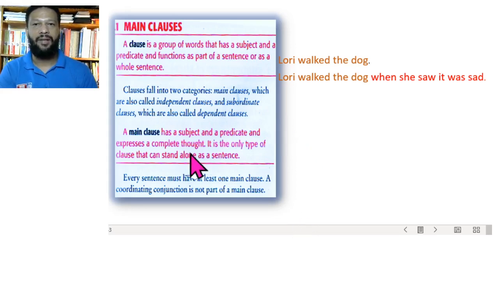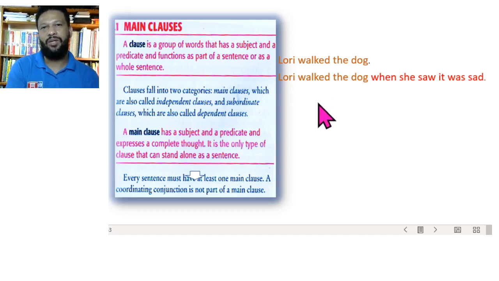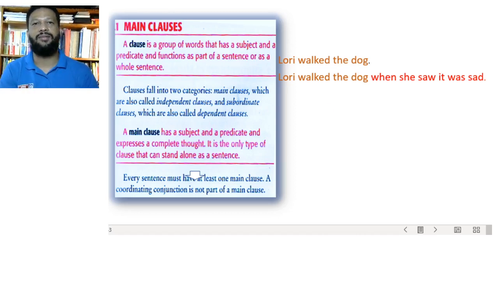A main clause has a subject and a predicate and expresses a complete thought. It is the only type of clause that can stand alone as a sentence. So one other difference between a sentence and a clause is that the clause does not always express a complete thought.